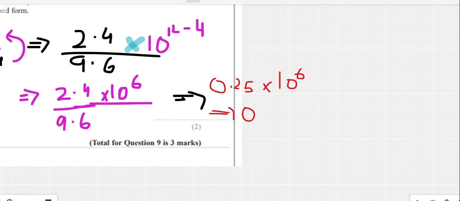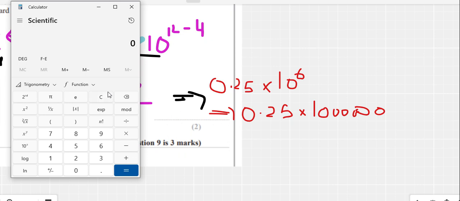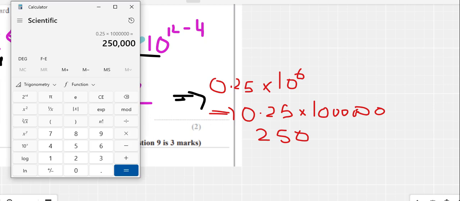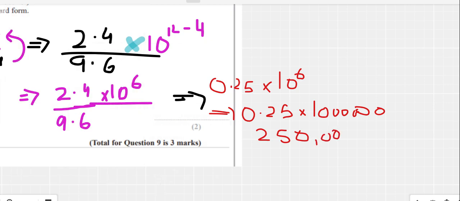So 0.25 times 1 with 6 zeros, 1 2 3 4 5 6, and we got 250, and then you write 3 more zeros with it, 1 2 and 3, 250000. That's our answer.